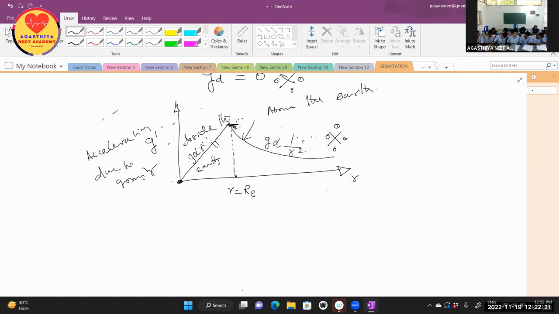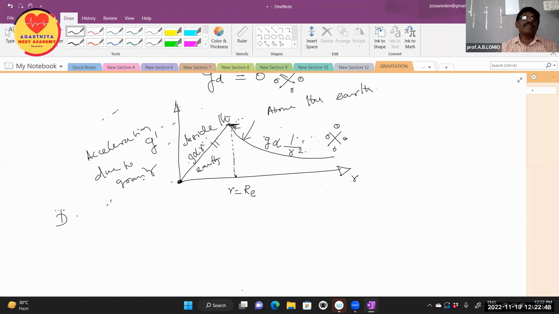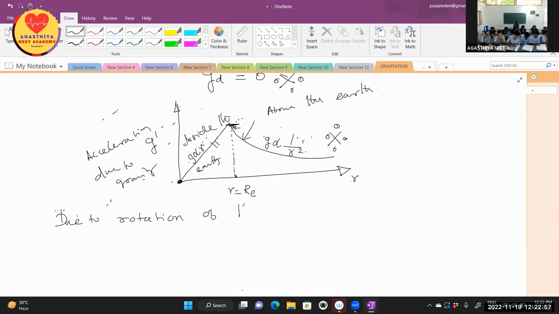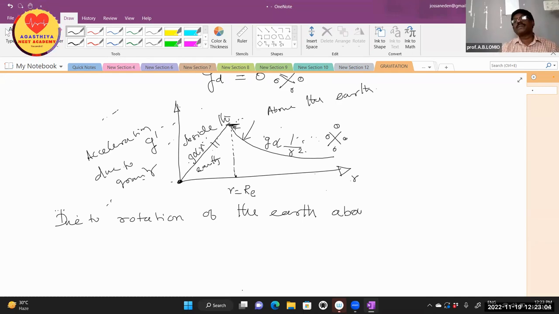Let us calculate the variation due to the earth's rotational axis. Acceleration due to gravity varies with respect to the altitude, with respect to the depth, and the third governing factor is due to the rotation of the earth about its axis.